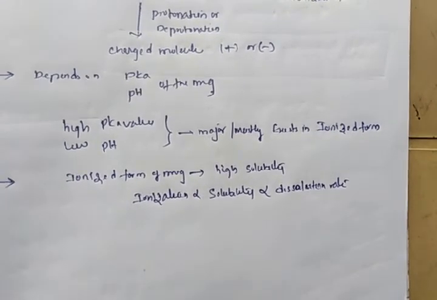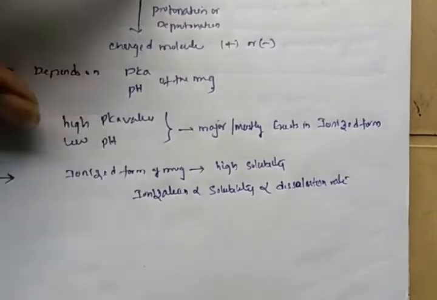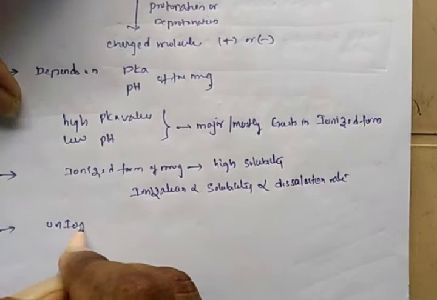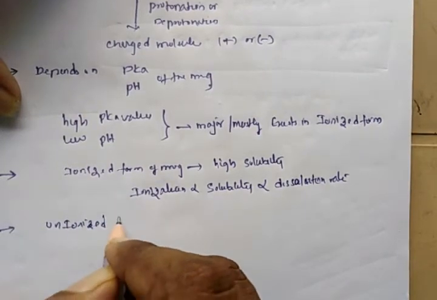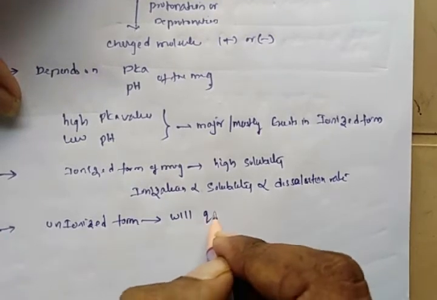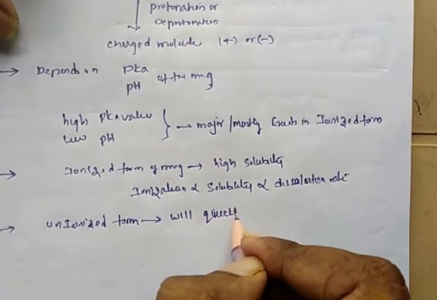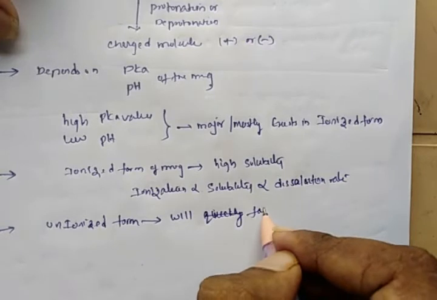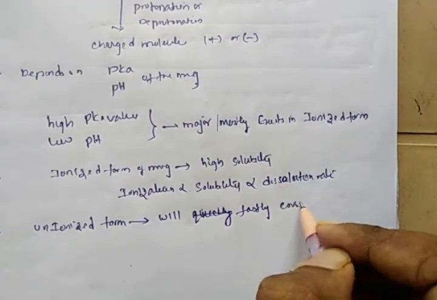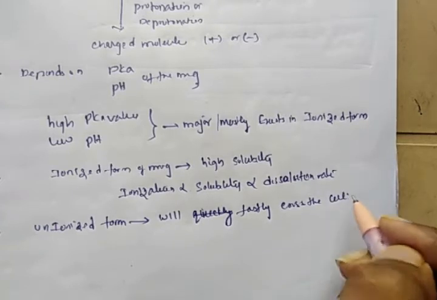Now, the unionized form will quickly cross the cell membranes.